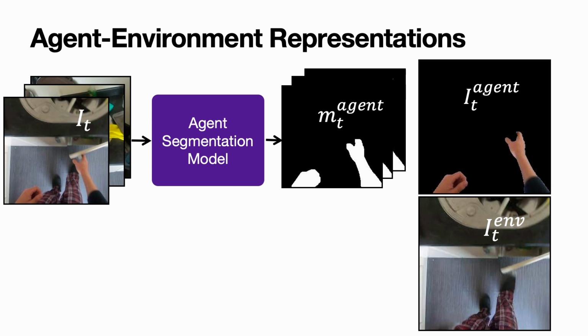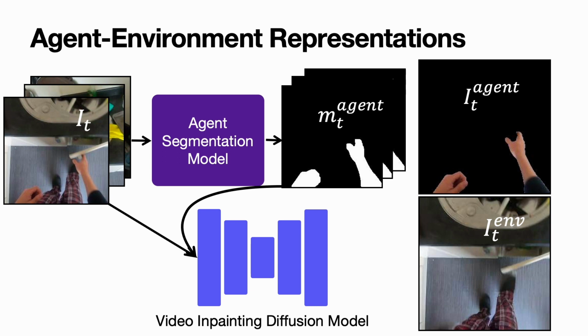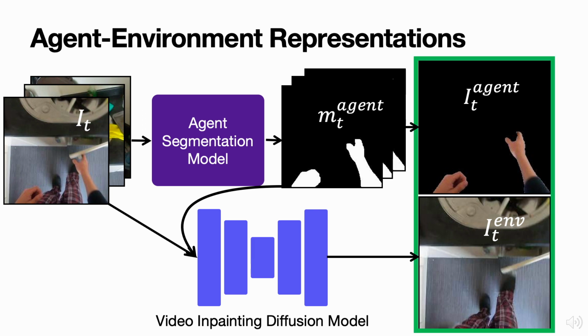The input frames, along with the segmentations, are passed into our video inpainting diffusion model, which is able to inpaint the regions of the image occluded by the agent, yielding a high-fidelity image depicting the environment without the agent. This, along with the image of the agent extracted using the mask, produces a factorized representation enabling powerful downstream applications.